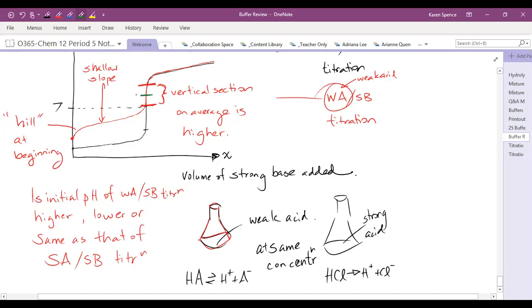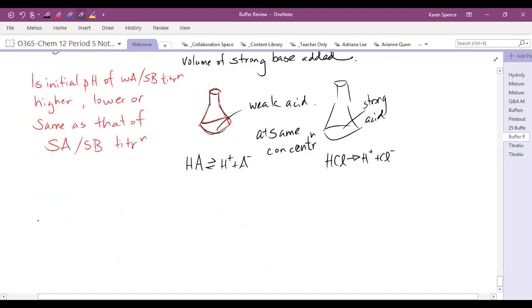So if we follow that across here, let's say that could be a pH of, say, 9, for example. So the pH at the equivalence point is no longer 7. It's actually higher than 7. It's 9. Okay.